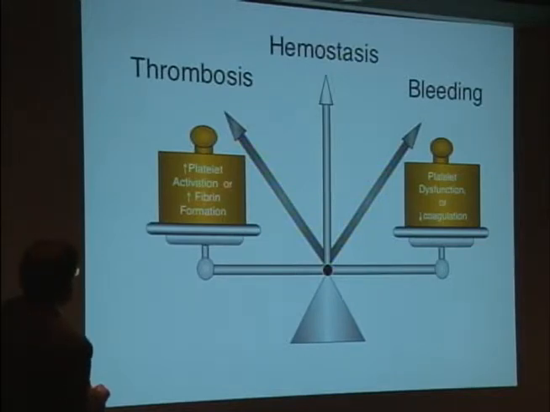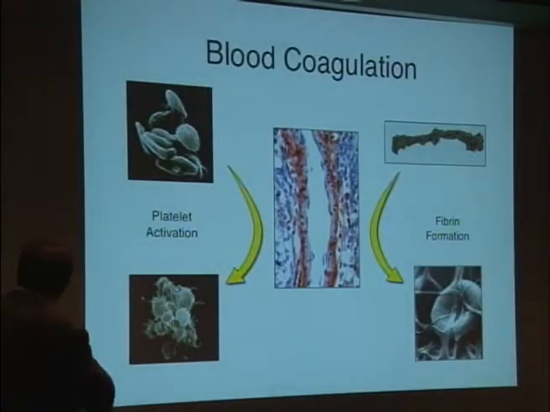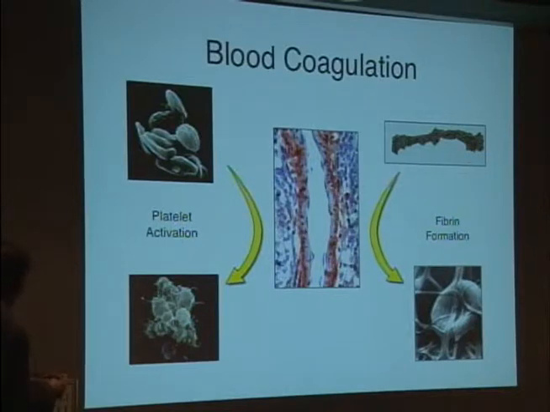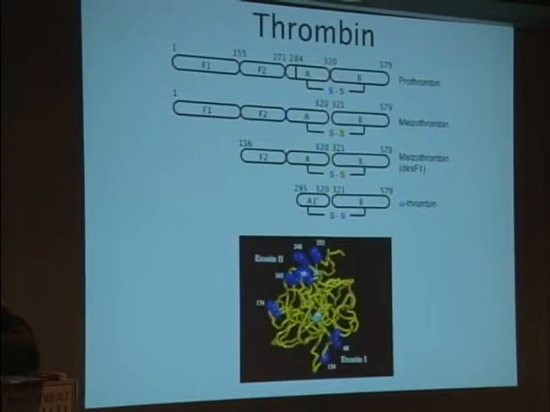Now, you've seen a lot of different models of blood coagulation in the talks previously, and I'd like to go over the one that we use in our laboratory. Central to the hemostatic process is generation of the enzyme thrombin, as you've heard. Thrombin comes from a precursor in plasma called prothrombin.